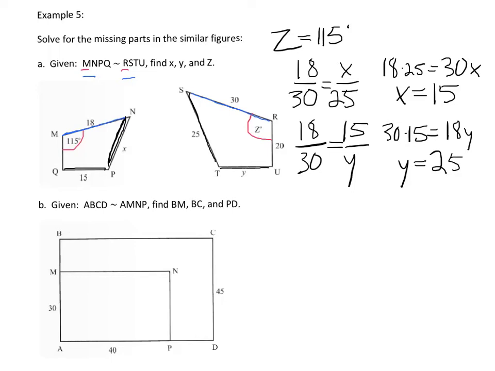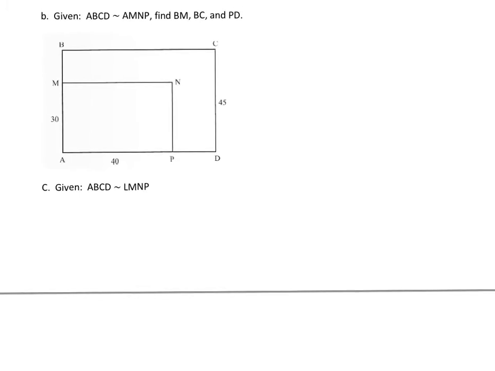Let's do another example. Here we're given two, what it looks like, rectangles, or quadrilaterals, I guess, just to be similar. So ABCD, that big rectangle, is similar to AMNP. So it wants me to find some pieces of the side lengths.